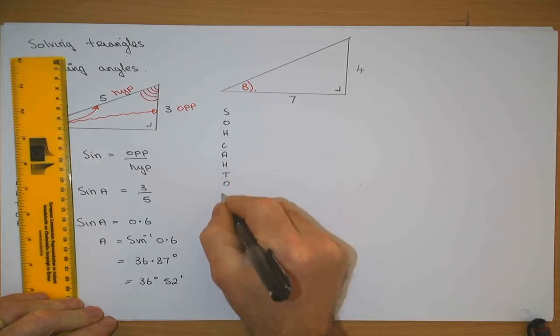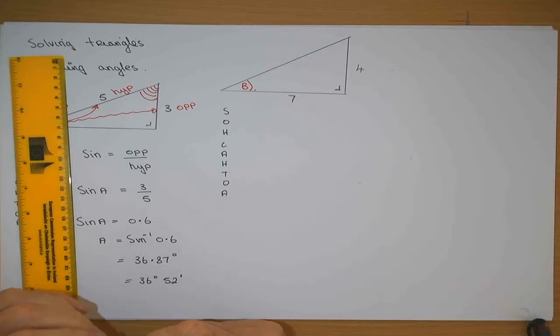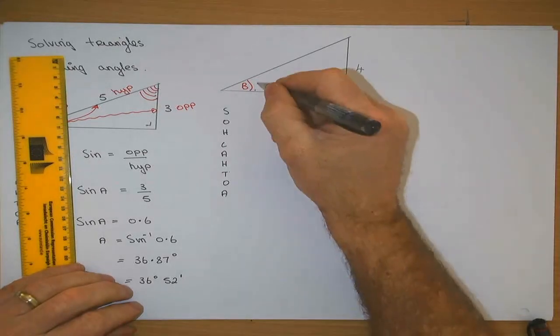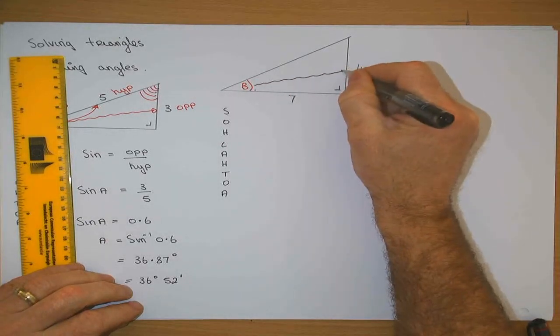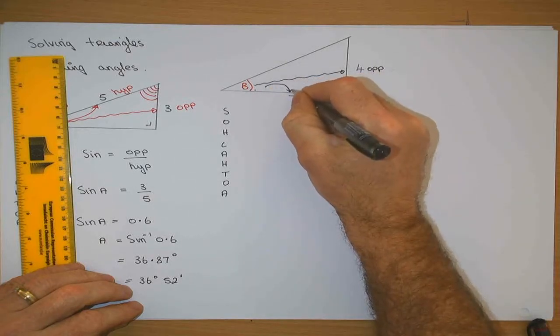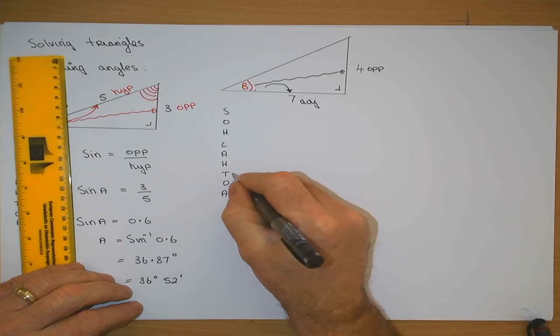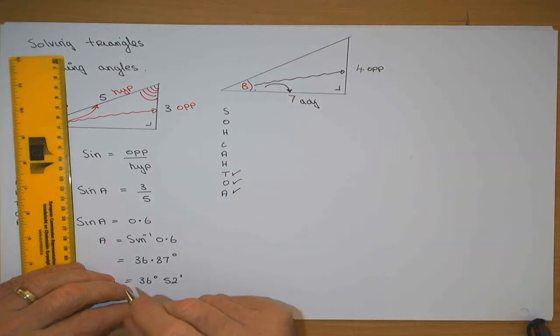Because if you're not going to use Pythagoras' theorem, it's Sohcahtoa. To use Sohcahtoa, you have to name the sides. So relative to that angle, what side is that? And what side is that? Opposite and adjacent. I must use the tan ratio.